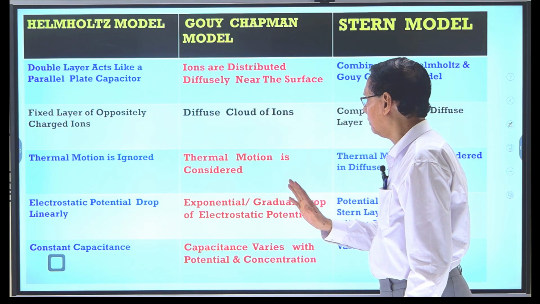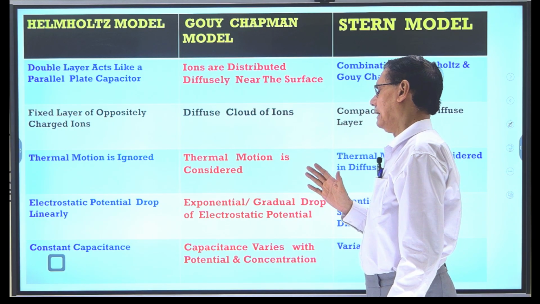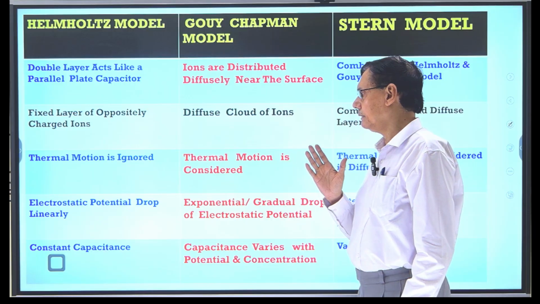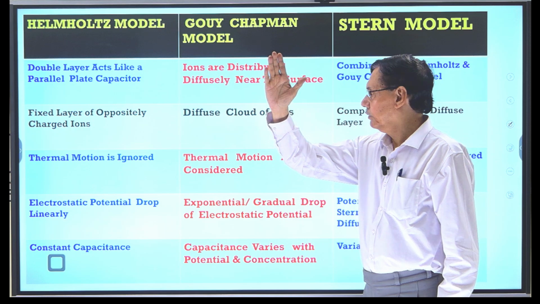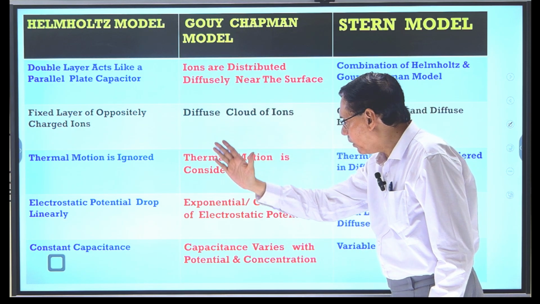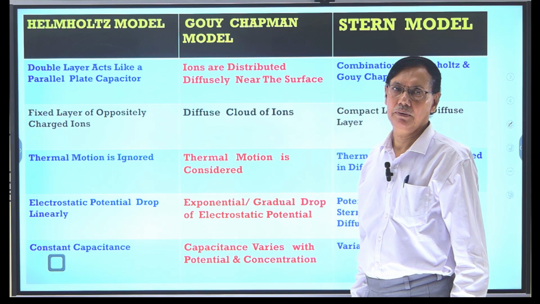There is no thermal motion, and one of the most important things is that here the capacitance is constant, and there is a drop of potential. मैं अभी जब डायग्राम बताऊंगा आपको समझाऊंगा.